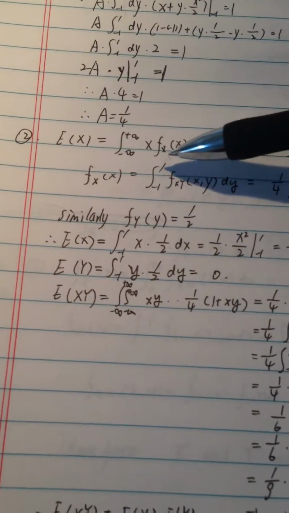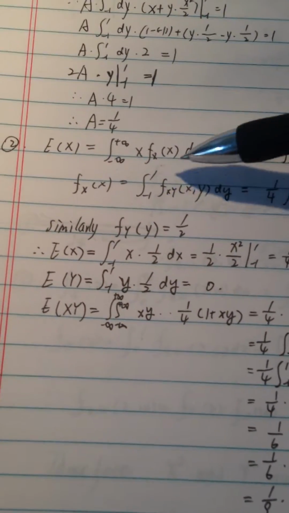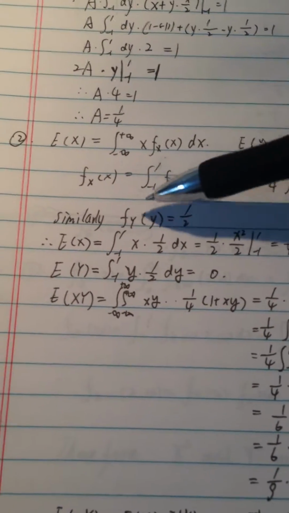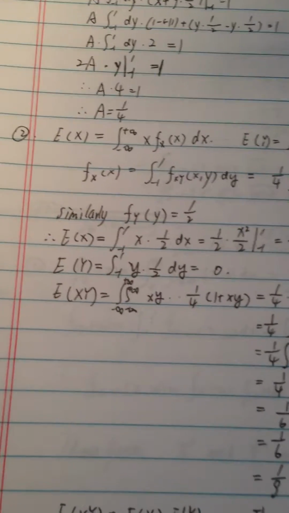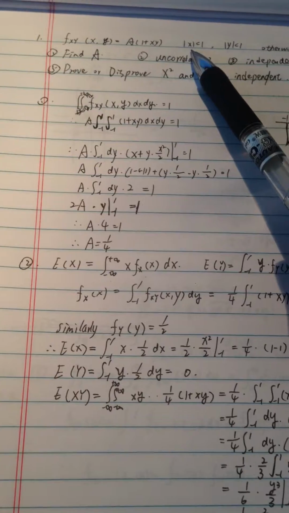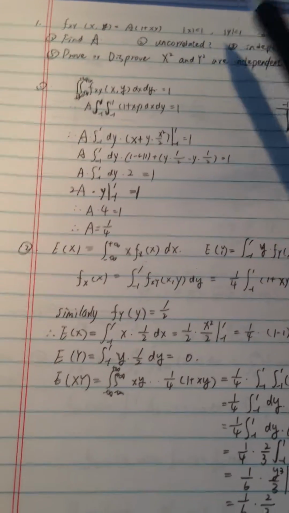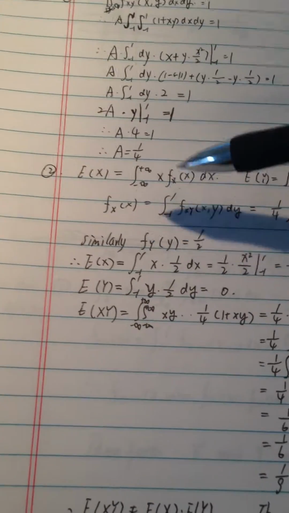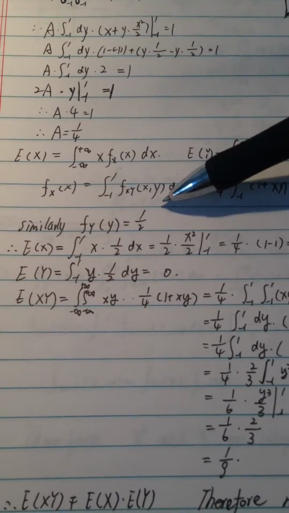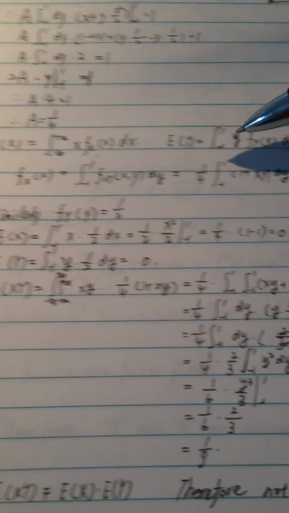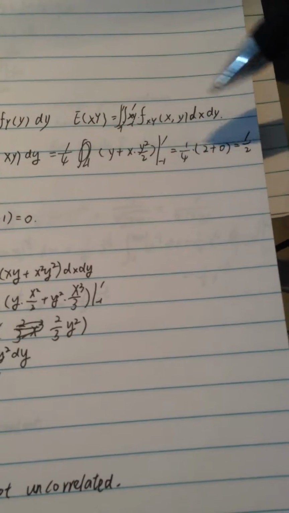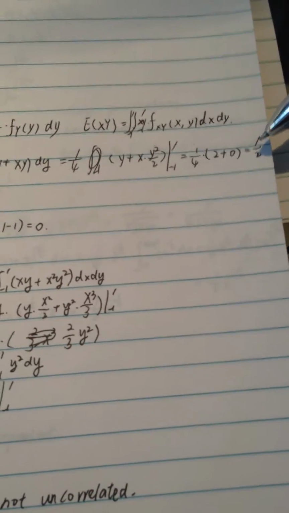The PDF of x equals the integration of the joint function from -1 to 1, because the absolute value of x is less than 1. After integration, we find that the PDF of x equals 1 over 2.